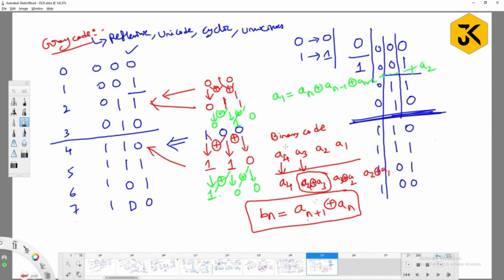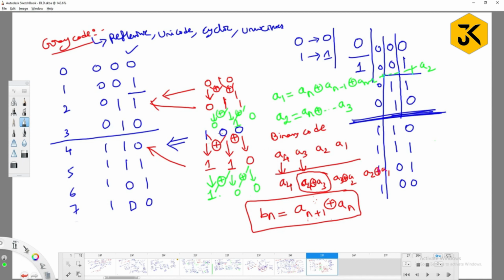If you want to find out the A1 value, I am simply finding the XOR of all of these. Now, if you want to find out the value of A2, what do you have to do? I need to perform the XOR operation of An to A3. Is it correct?